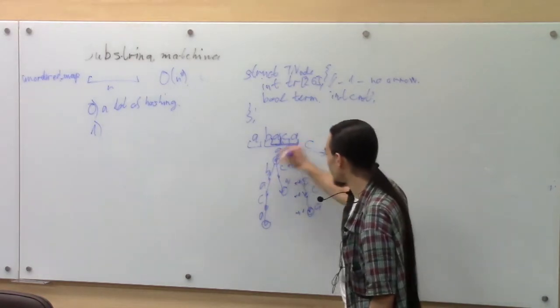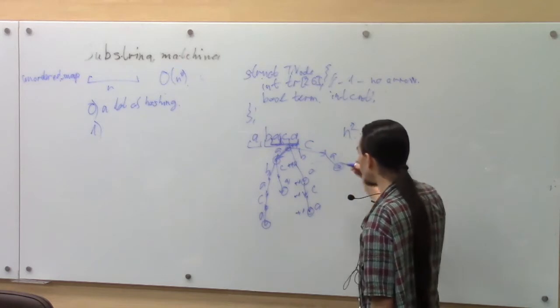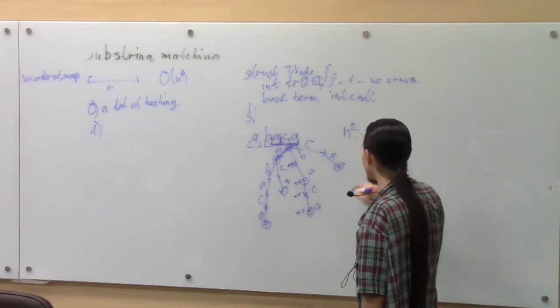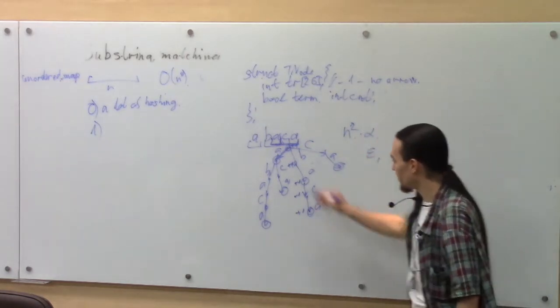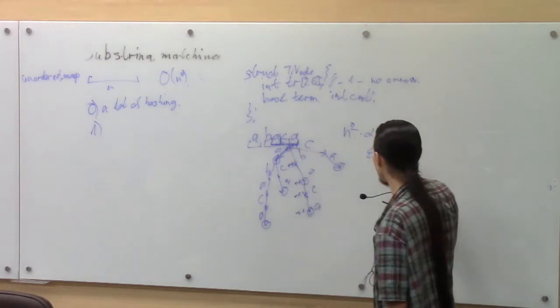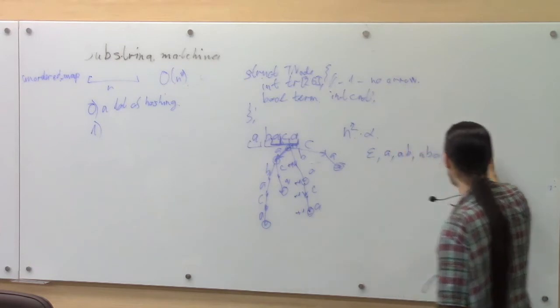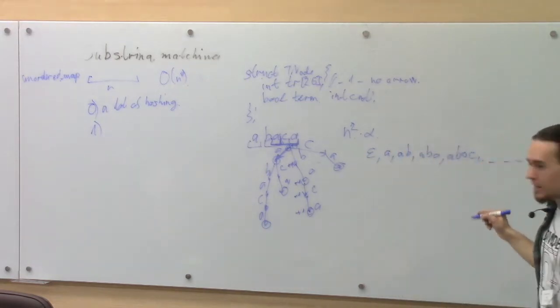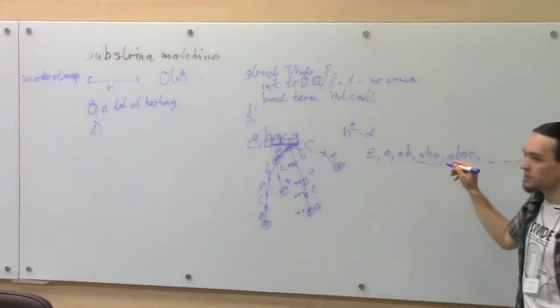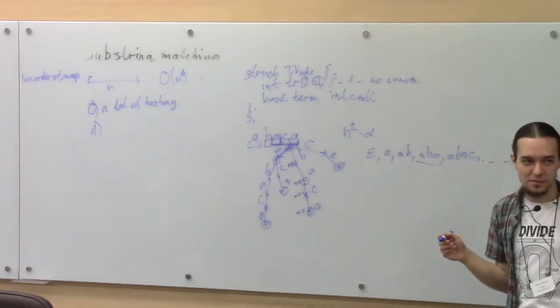The root corresponds to an empty string. Sometimes people write epsilon for that. Then we have this node, it's A. Then we have that node, it's B, ABA, ABAC, and so on. You can see that a string is present here if and only if it's a substring.